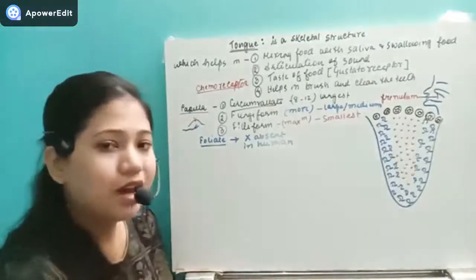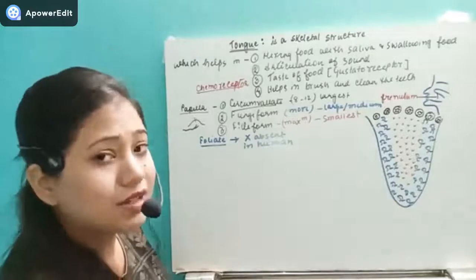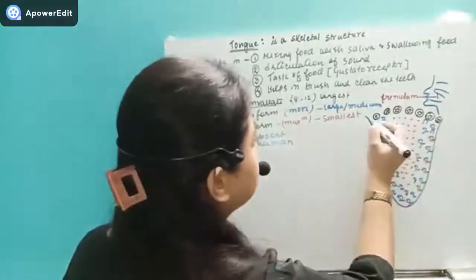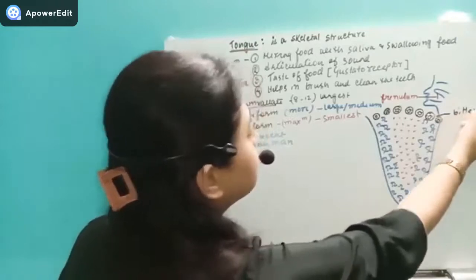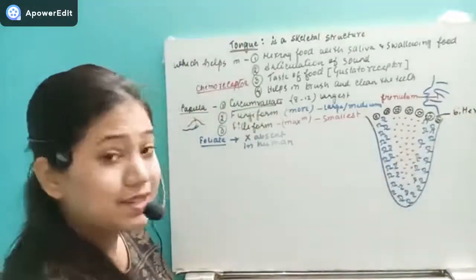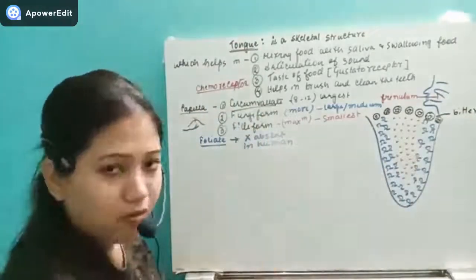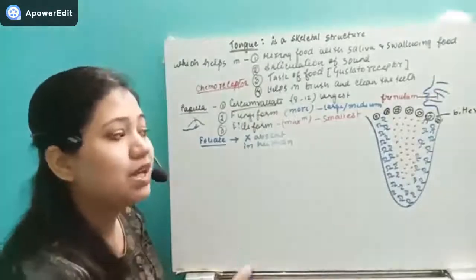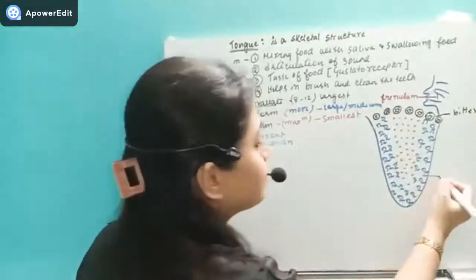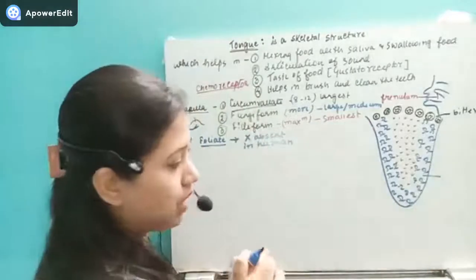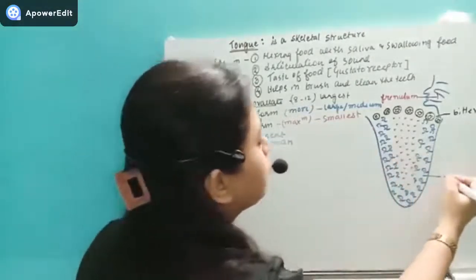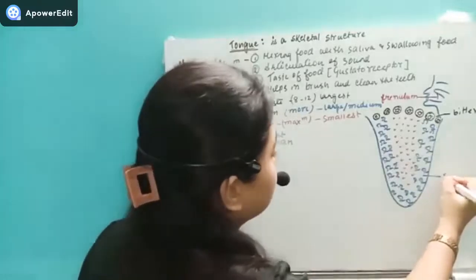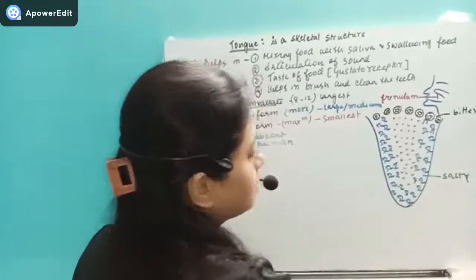Remember, if it is the circumvallate, what type of taste can it taste? That is bitter taste. Towards the bottom we can sense the bitter taste. Towards the sides, the fungiform type of papillae can taste three types of taste, right? First of all, towards the anterior region, we can sense the salty taste.